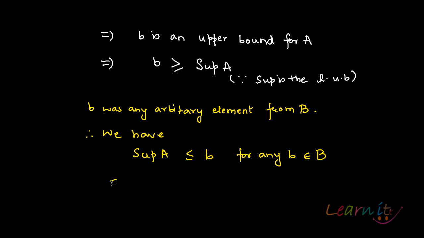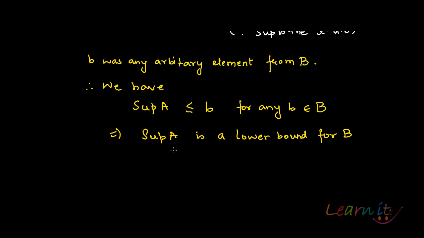Which implies that sup of A is a lower bound for the set B. Because this is happening for every element of the set B, sup of A is a lower bound. It's lower than each and every element of the set B.